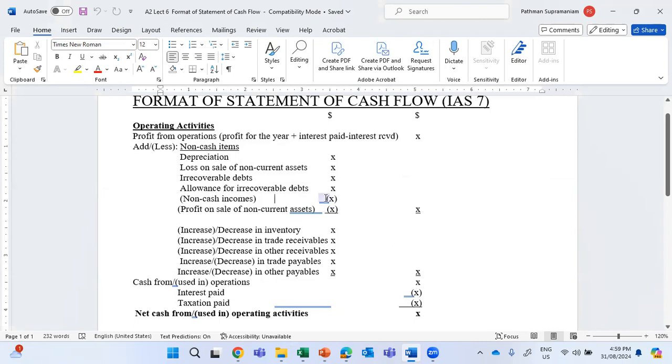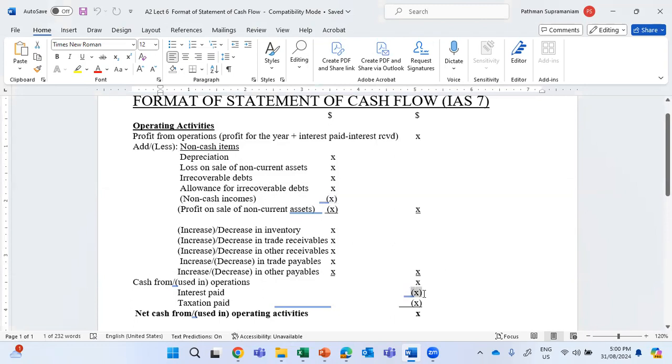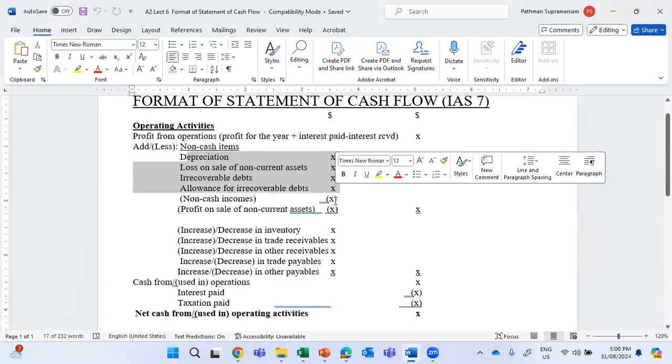In this chapter, you will see that some figures are in brackets. Brackets indicate outflow, negative. Cash is going out. We're deducting. Inflow is without brackets. These are the non-cash items like depreciation, loss on sale of non-current asset, and so on.